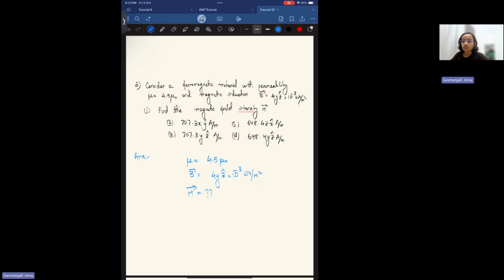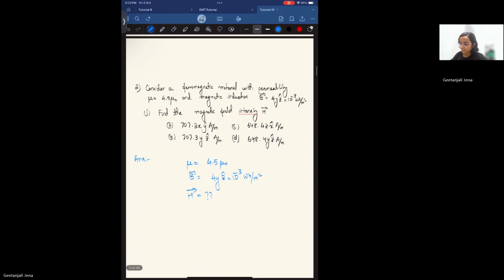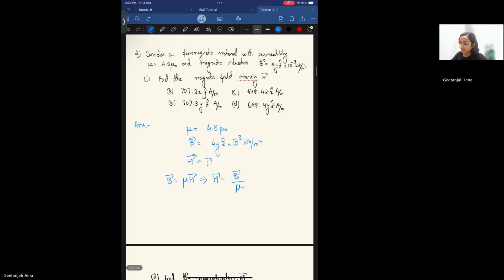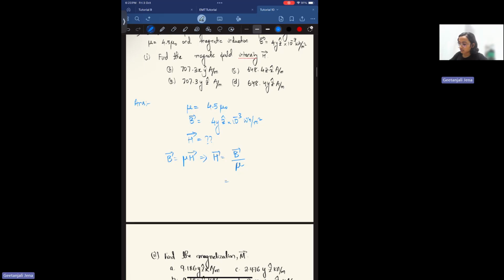So if you recall, for a linear material you can write B is mu H. That means H is B by mu. B is given to us, it is 4yz cube into 10 to the minus 3.